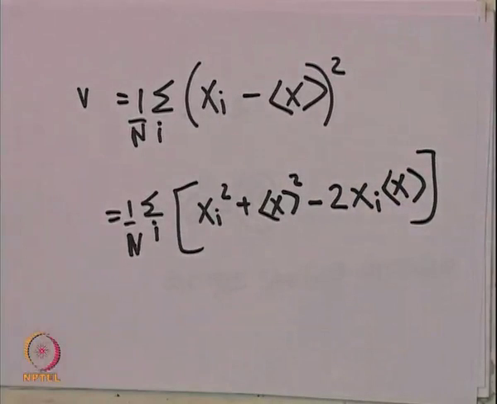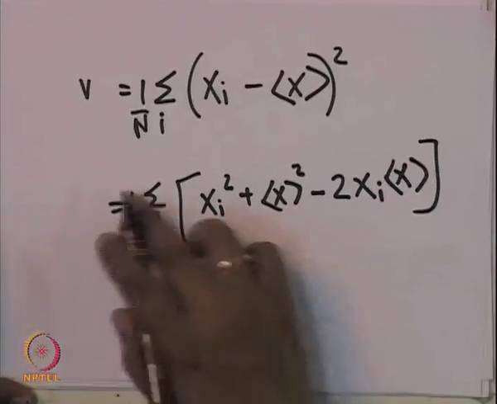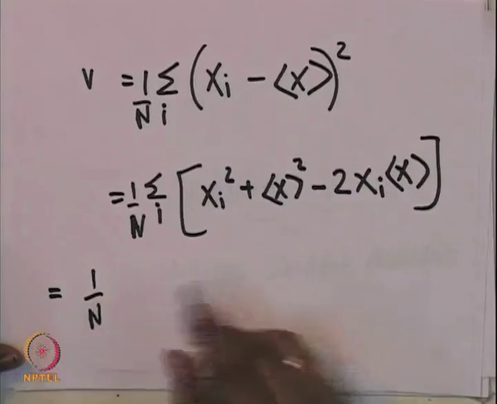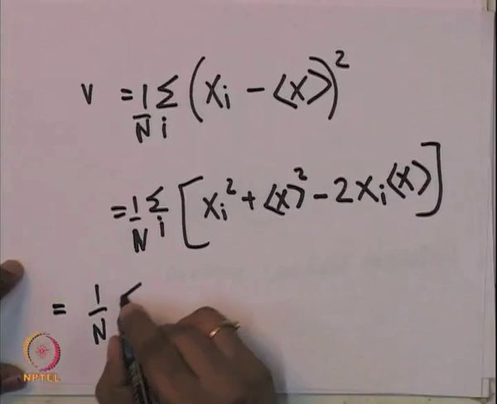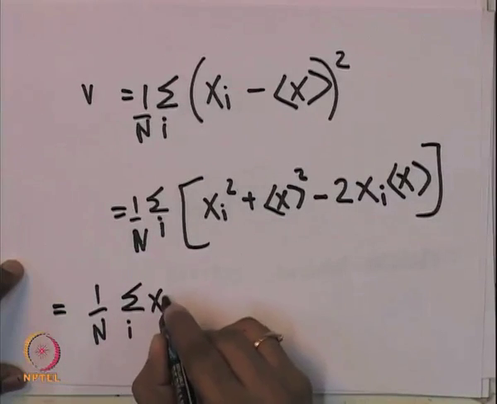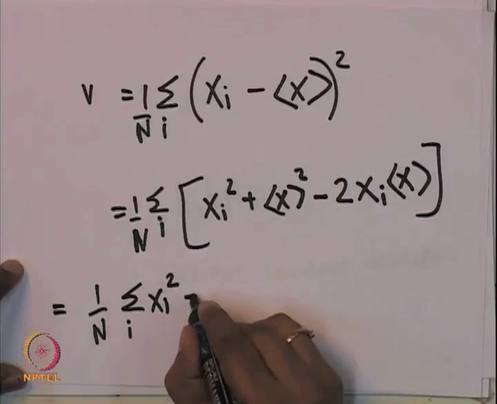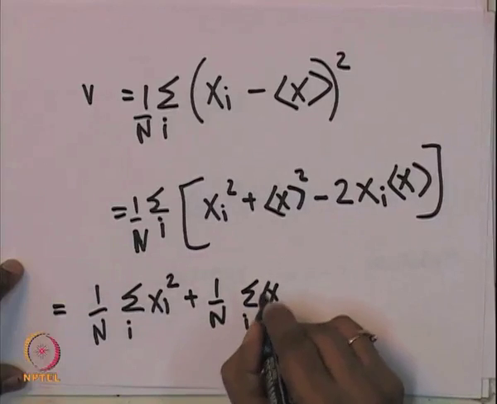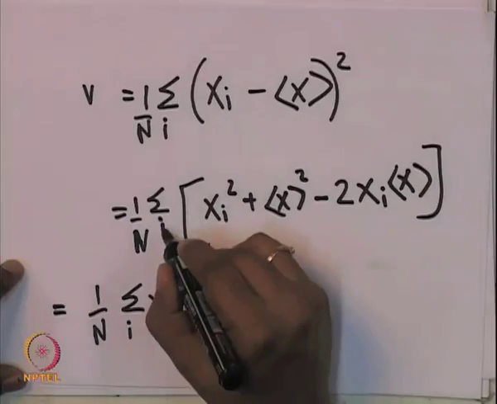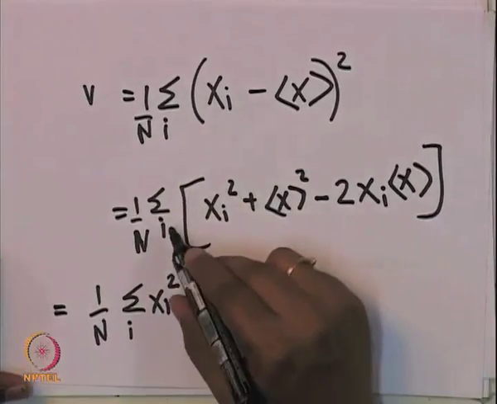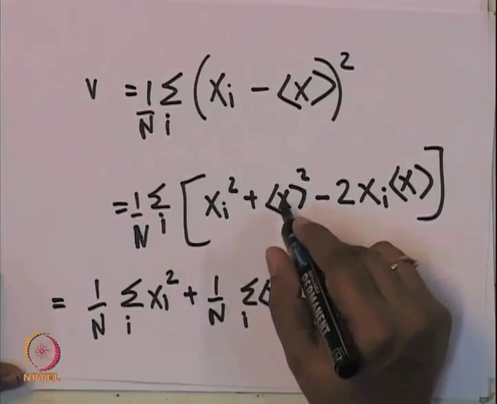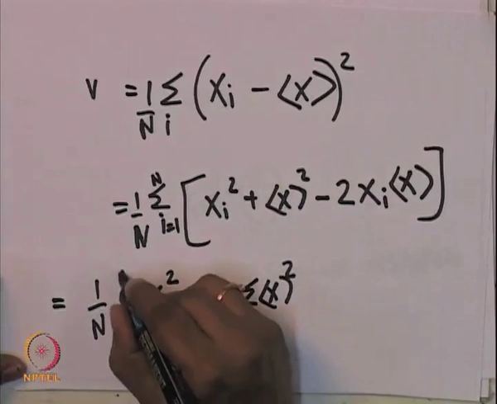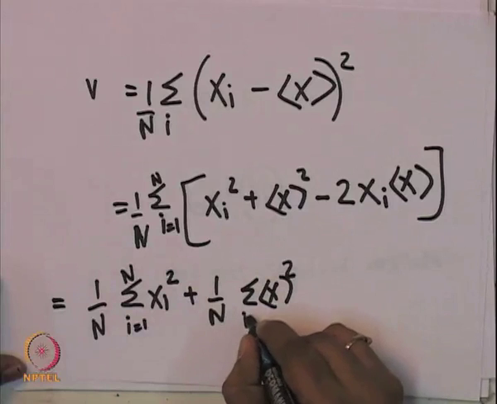Now I can take this inside: 1 over n sum over i of xi square, the first term, plus 1 over n sum over i of x average square, minus sum over i of 1 over n times 2 xi x average. Here i always goes from 1 to n, I am just not writing it.